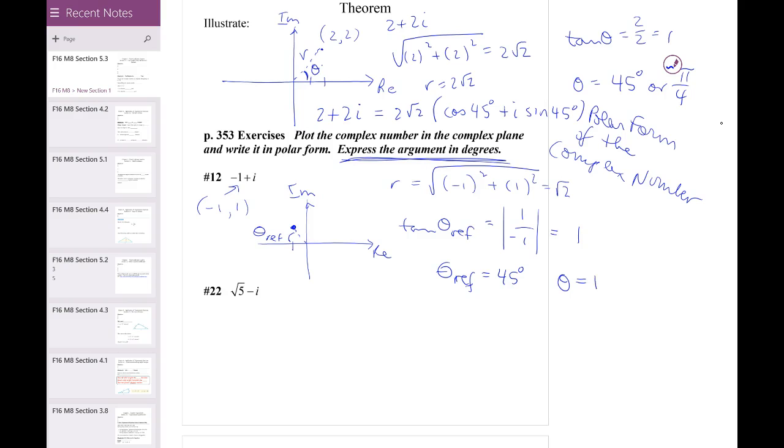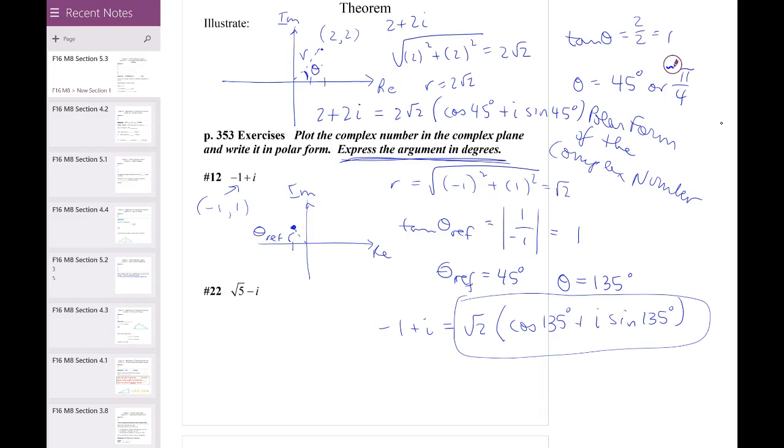So theta is going to be 135 degrees. So to write the complex number -1 plus i in polar form, it's going to be square root of 2 times the cosine of 135 degrees plus i sine 135 degrees. So that's going to be your answer.